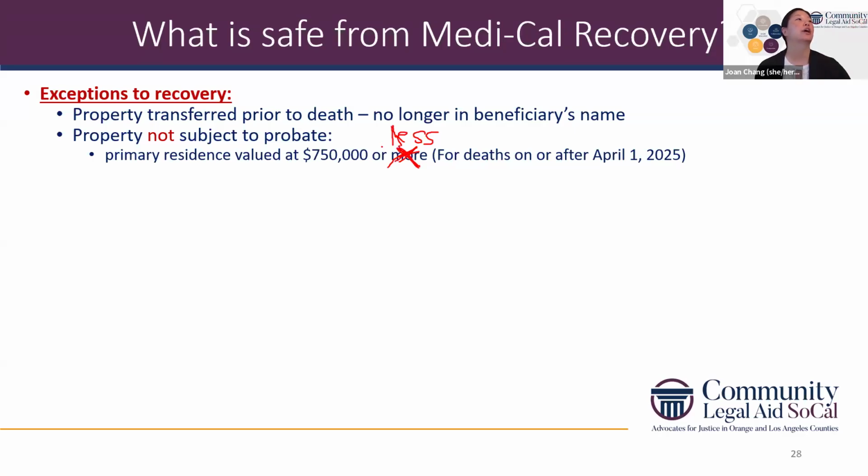Primary residence valued at 750K or less. Again, these are for passings that are on or after April 1, 2025. Gabby, I sent you the PDF of these slides. I'm going to update it with the correct information. Got it. 750K or less. Ignore that, please. So 750K or less. All right.